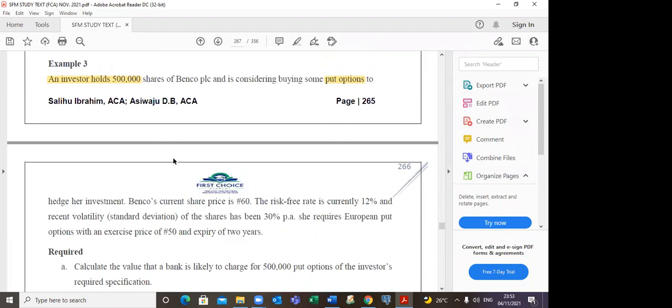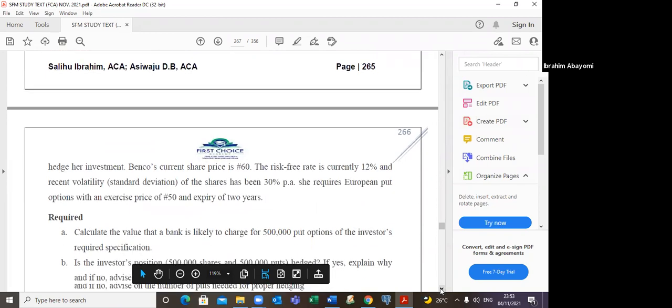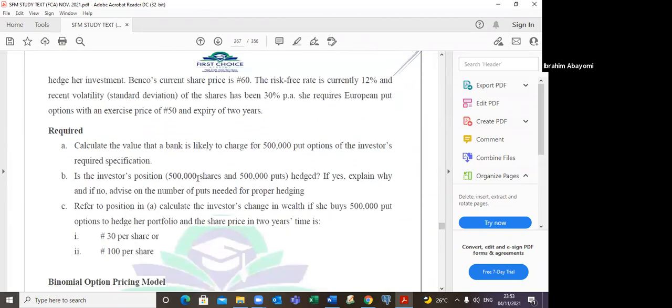The question is now asking you, is the investor's position properly hedged? If yes, explain why. And if no, advise on the number of put needed for proper hedging.